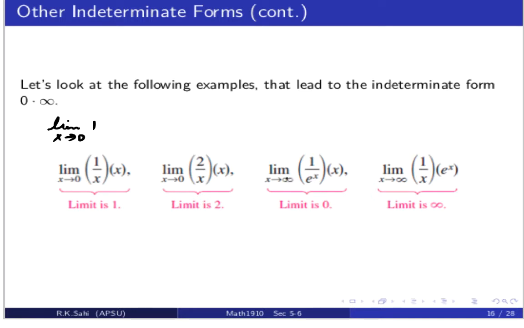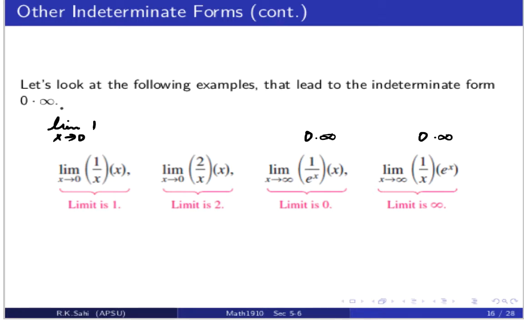Third example, limit as x tends to infinity, 1 over e to the power x times x: it's 1 over infinity, which is 0, times x, here infinity. Or we can have an example as limit as x tends to infinity, 1 over x, basically 1 over infinity, 0, times e to the power x, which is infinity. So all these four are examples of 0 times infinity.